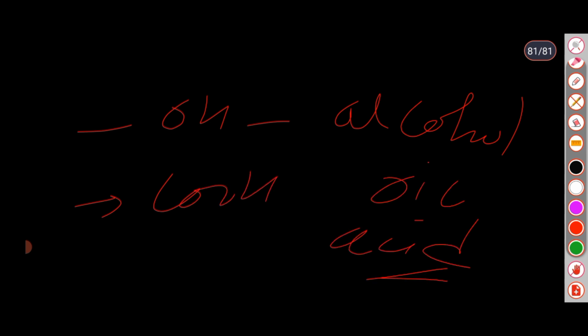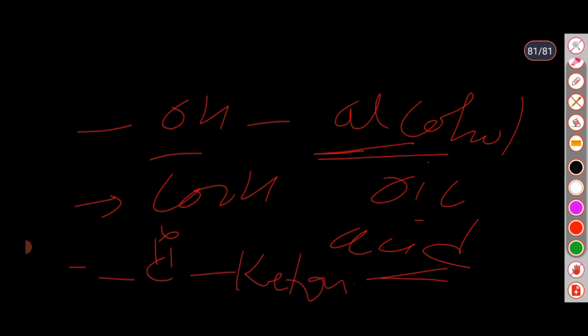The suffix is oic acid. Al is the suffix for aldehyde and ol is for alcohol. And the next one is ketone. ONE is used for ketone. Ketone is a central functional group, but aldehyde is terminal. Alcohol can be terminal as well as central. Carboxylic acid can be used as a terminal functional group.